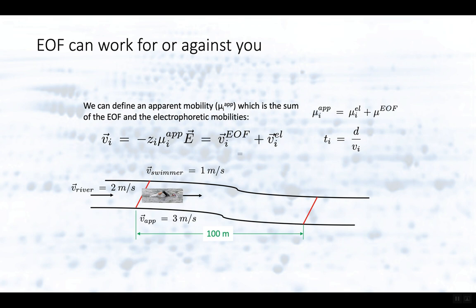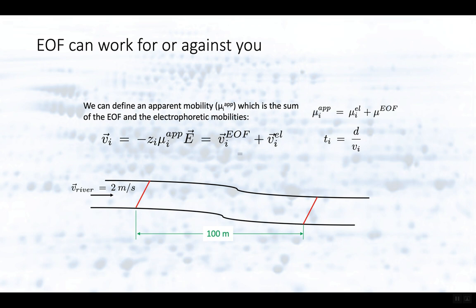His apparent velocity is 3 meters per second, so he will reach the downstream point in 33 seconds. So he will separate from the other swimmer, even though both of them will continue to move down the flow channel. The river pushes them both to the end, but because their relative charges are different, the direction in which they're moving is different, and one will get there faster than the other.